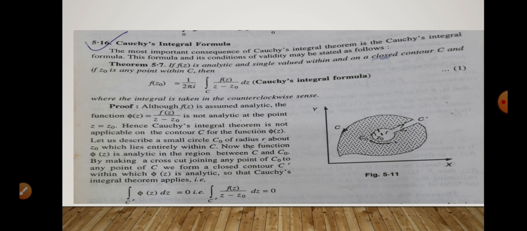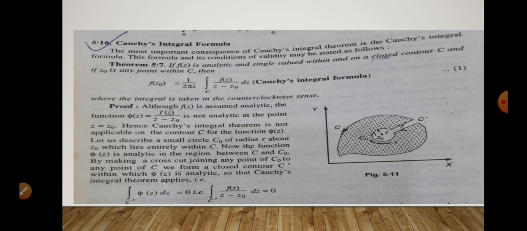If f(z) is analytic and single valued within and on a closed contour C, and if z0 is any point within C, then f(z0) equals 1 upon 2 pi iota times the integral over contour C of f(z) upon (z minus z0) dz. This is Cauchy's integral formula, where the integral is taken in the counterclockwise sense.